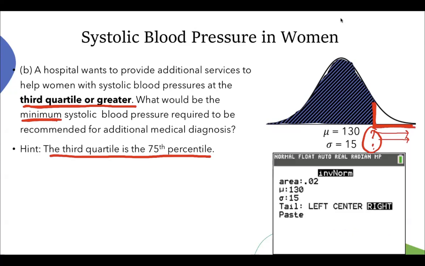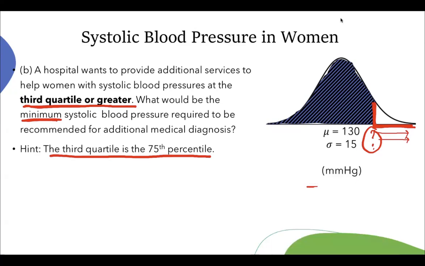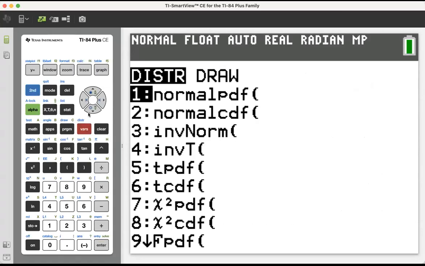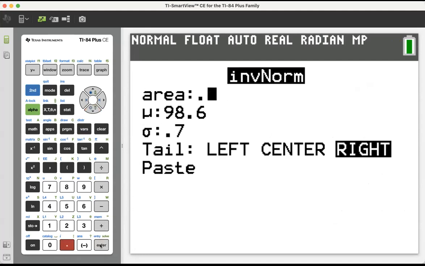So we use inverse norm, 0.02. I'm sorry, this is wrong. Third quartile, that's the wrong picture. Let me go to the calculator. We're going to be putting in inverse norm. Let's put in third quartile or 0.75. And the mean we were given is 130 and the standard deviation is 15.